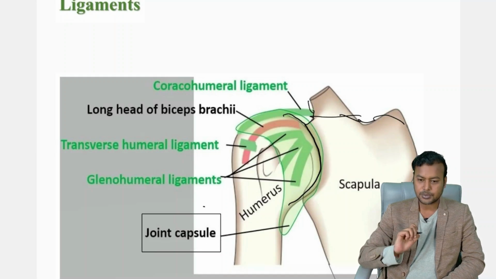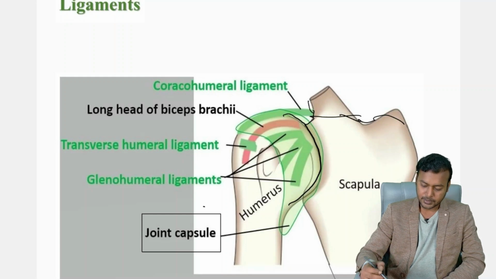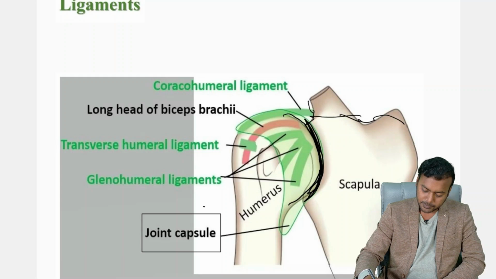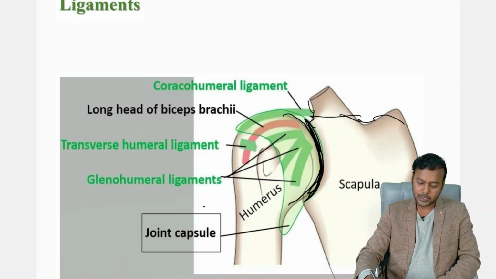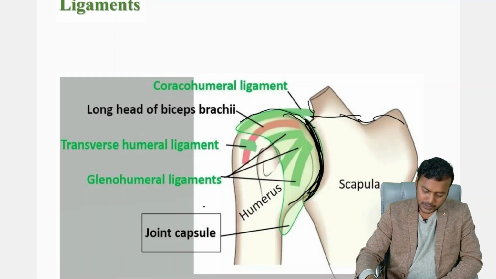This joint capsule is a fibrous capsule, a connective tissue capsule, which has a fibrous component. It attaches right from the periphery of the glenoid labrum and extends onto the head of the humerus.